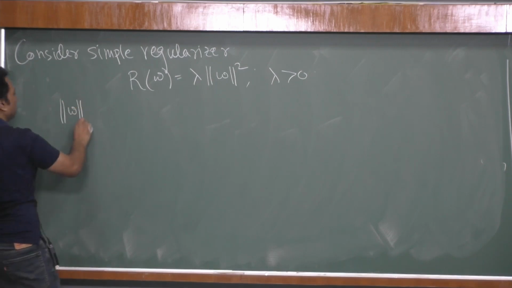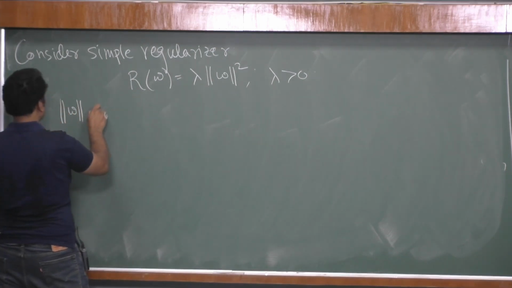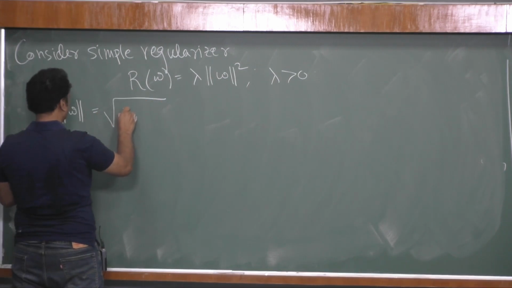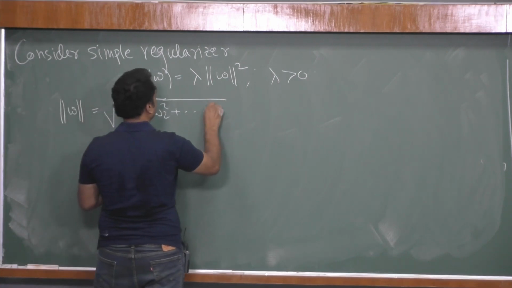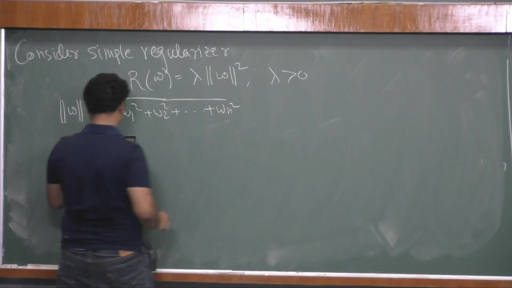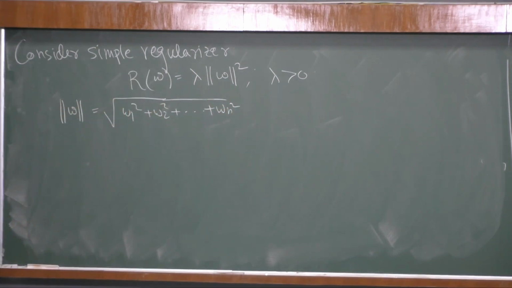When I don't write the 2, it means it's the L2 norm. So this is a very simple regularizer, lambda times norm w squared, where lambda is a constant. We will see the role of lambda depending on how much focus you want to give on the regularizer. Your lambda can be very high or it could be low. It depends.